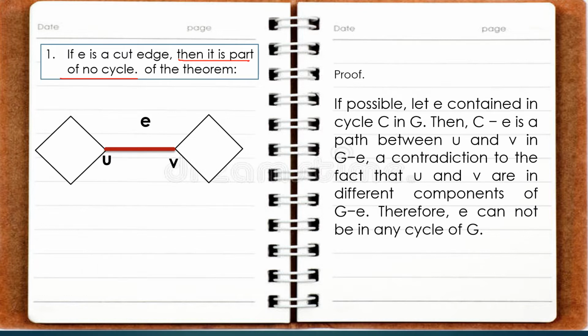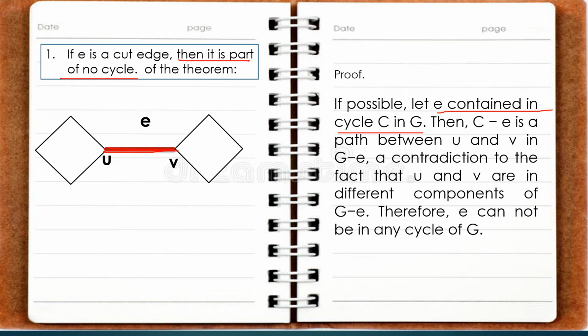It says here that E should not be part of any cycle. So the edge E should not be a part of any cycle in G. To contradict that, let's say E is contained in a cycle C in G.